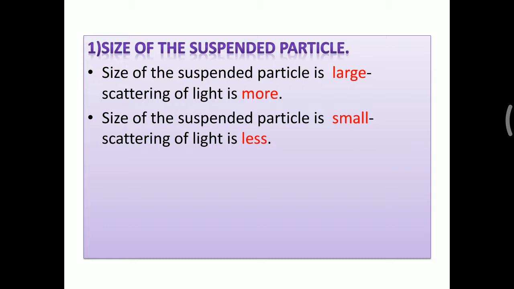If the size of the suspended particle is small, the scattering of light is less. So the size of the particle is directly proportional to the scattering of light. Size of the particle large means the scattering of light is also large. The size of the particle is small means the scattering of the light is also small.